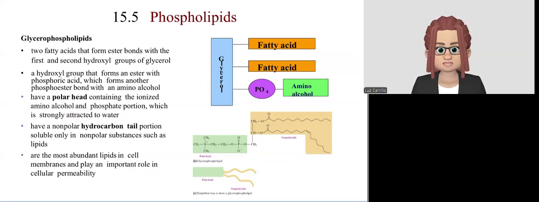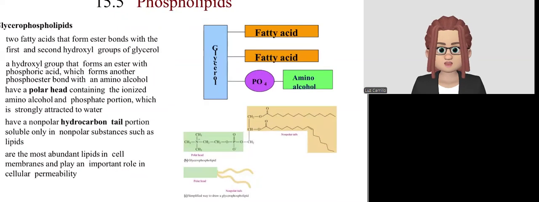When we look at phospholipids, we can think about them in terms of a cartoon in which there is a glycerol molecule connected to 2 fatty acids. In addition, that glycerol molecule has a bond to a phosphate followed by an amino alcohol.